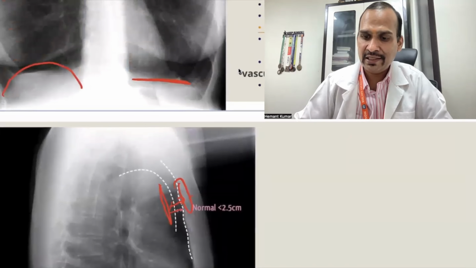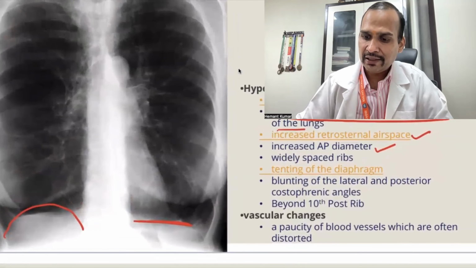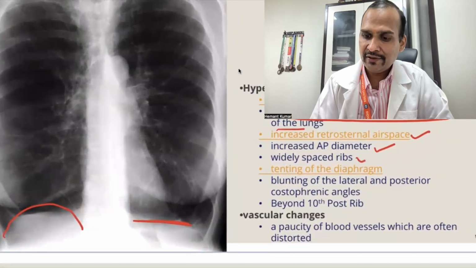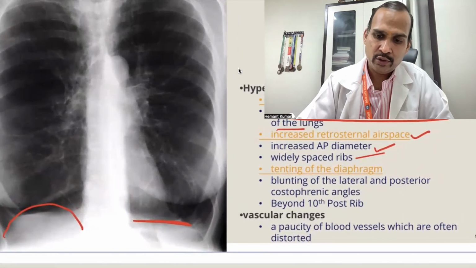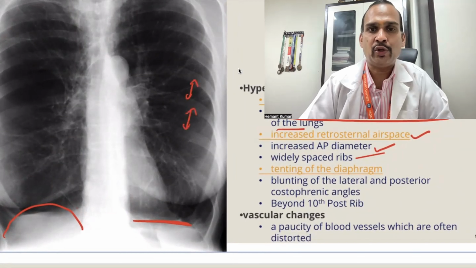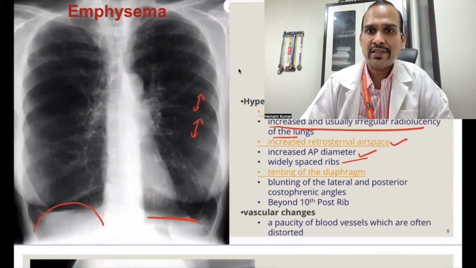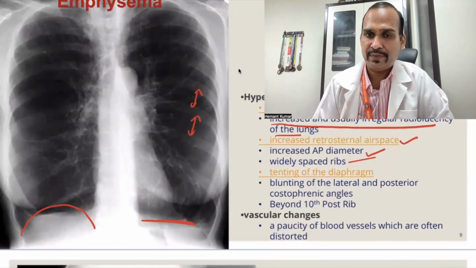So this is seen in emphysema. Other things you can appreciate: wider rib spaces. You can see the intercostal space is widened as compared to a normal X-ray. So this is increased intercostal space.